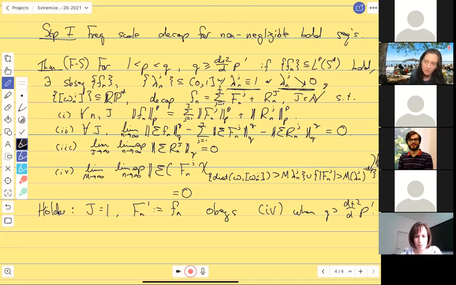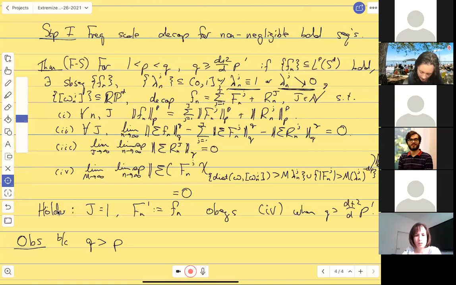And so a particular observation is that in the extremizing case, because q is larger than p, and we have here f_n decomposes as orthogonal parts in L^p, and the extension decomposes as orthogonal parts in L^q, and q is larger than p, there can't be too many of these profiles. And in fact, if we're extremizing, there's only one frequency scale.